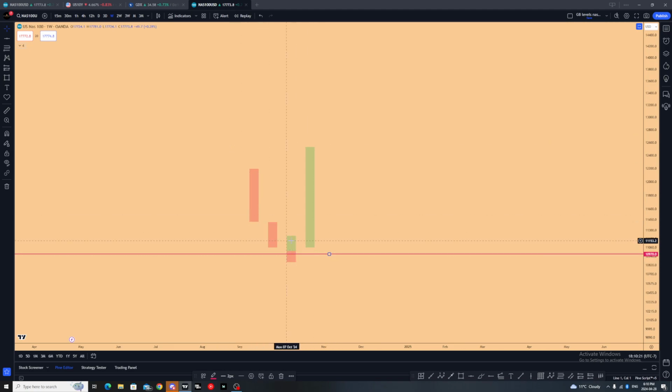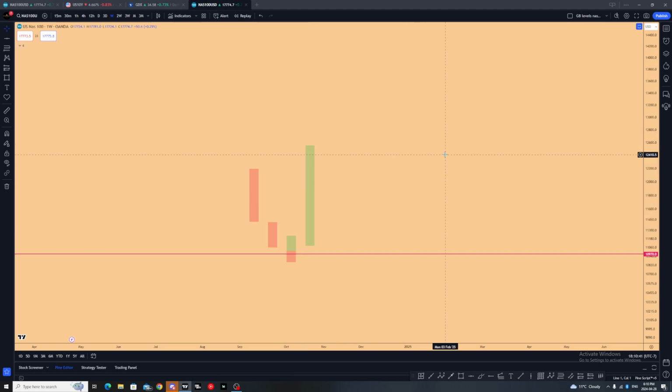Hypothetically, there might be a very strong SR level sitting over here where the market is selling off into. As it sells off into it, the selling slows down, and then it eventually comes to a halt. And then a big entity comes in and pushes the market higher.